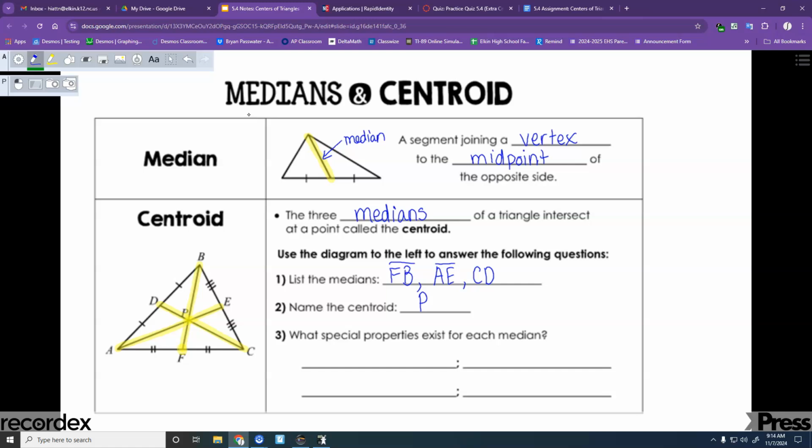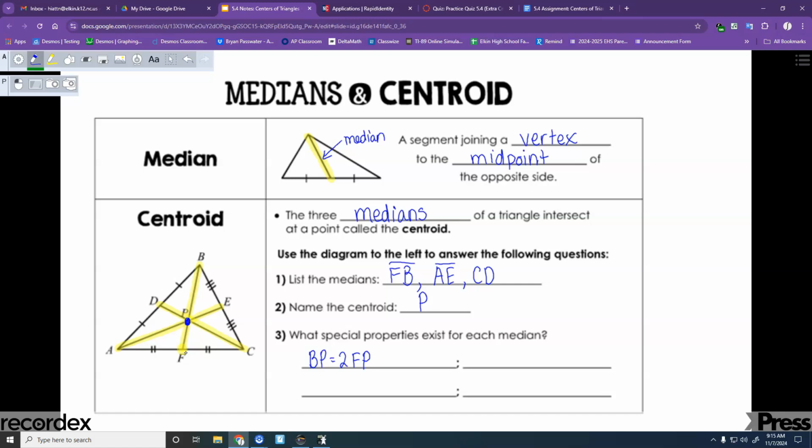There is a special property that exists for the medians. So that centroid right there is going to cut your median into pieces where BP is twice as long as FP. It might be a little easier to see with numbers.